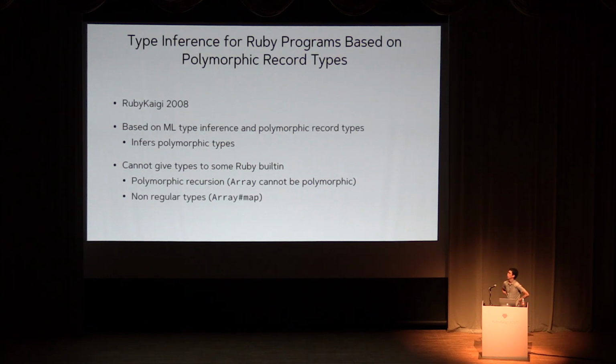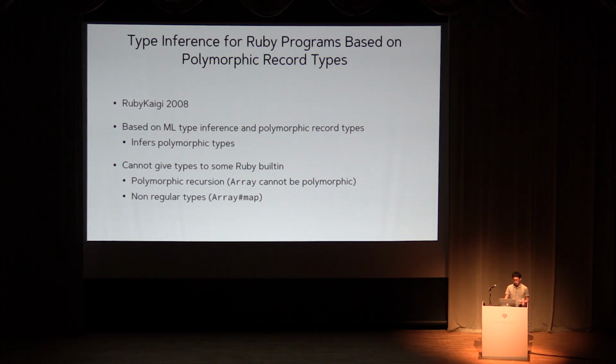And I want to explain my papers. In fact, I had a presentation about this at RubyKaigi 2008, 9 years ago. The type system is based on ML type inference and polymorphic record types.